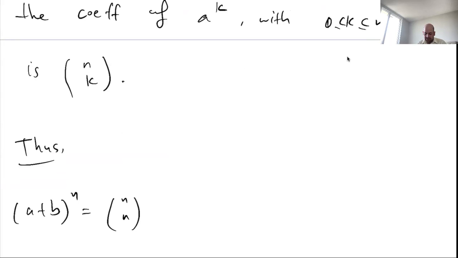Right, because this way we had n minus 1 a's to get a to power n minus 1, but there's also 1 b, because there must be n brackets in total that you are going to multiply.